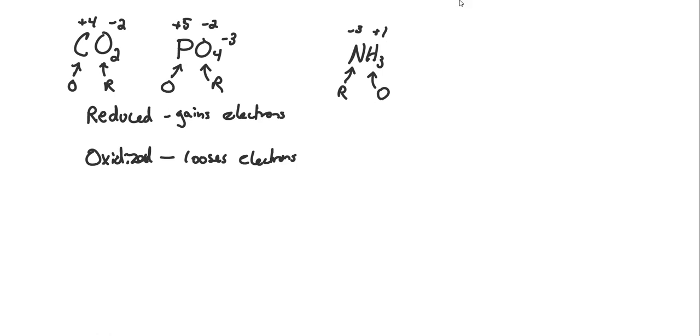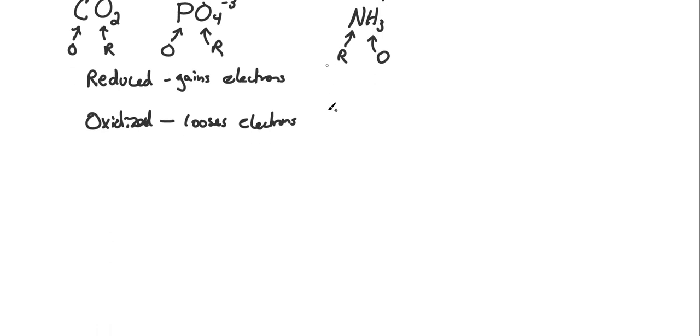So that's the basics of it, but let's put it to use now. How can we tell when we have a redox reaction? So let's take a reaction here. Let's take magnesium, which is a solid.